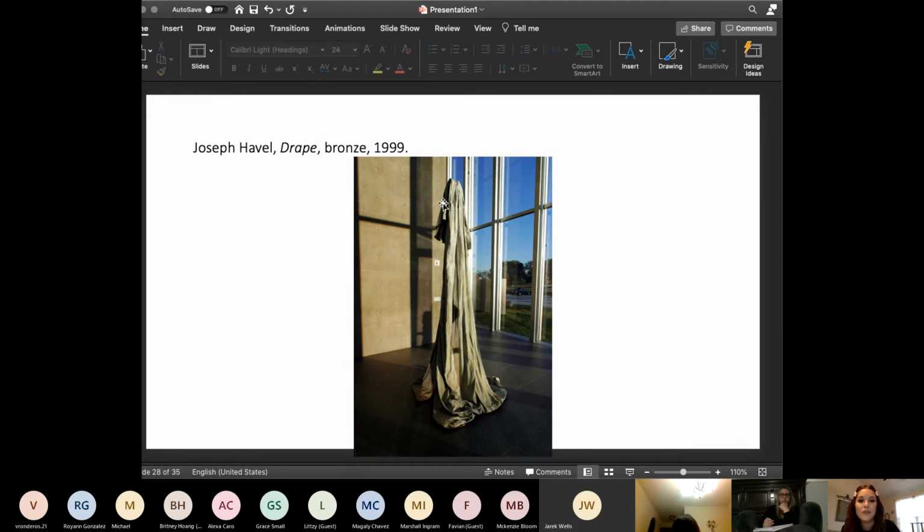What is a drape usually made of? Cloth. What is this drape made of? Bronze. Okay, so normal drapes are made of cloth and they're tactile and they move. Bronze is hard and solid and not movable. So how is there contrast here?